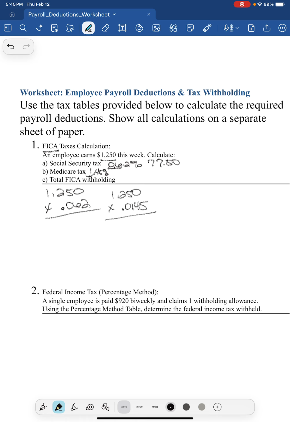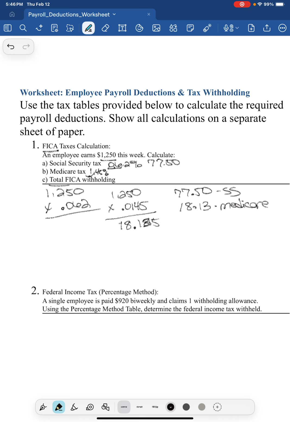And if you're getting ready to do your assessments, you should probably put that down in a note somewhere so that you remember what those amounts are. And you see that's going to be $18.13. Let me double check that math. Yes. So you have $77.50 for Social Security, and you have $18.13 for Medicare.